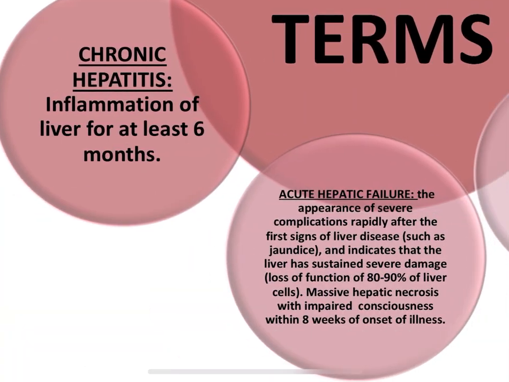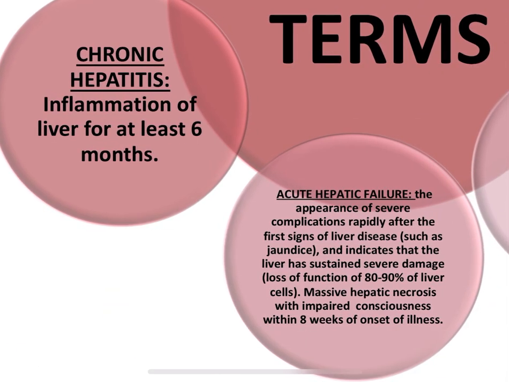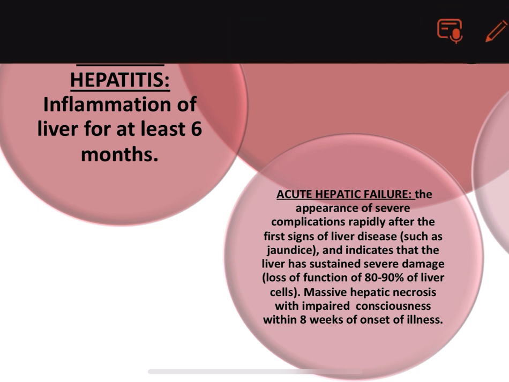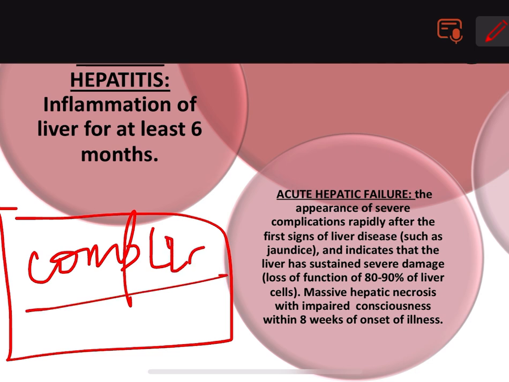And then comes acute hepatic failure: the appearance of severe complications rapidly after the first signs of liver disease. The first sign of liver disease could be jaundice. So severe complications occur soon after the first signs appear, which shows that the liver has sustained very severe damage.